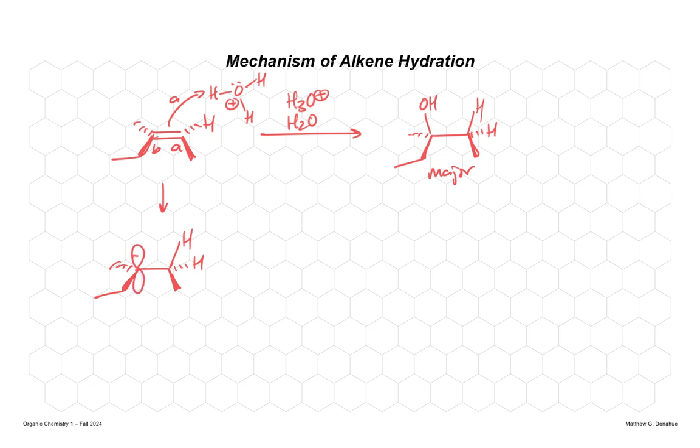So the carbocation, again, is in a p orbital. And now if you classify that carbocation, it's tertiary. So we don't have to worry about any rearrangements or stability issues.